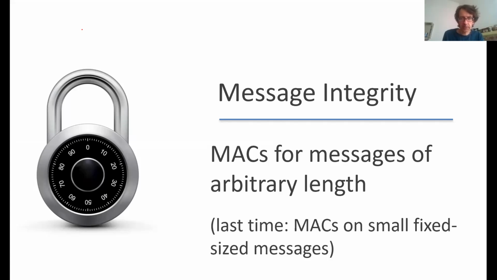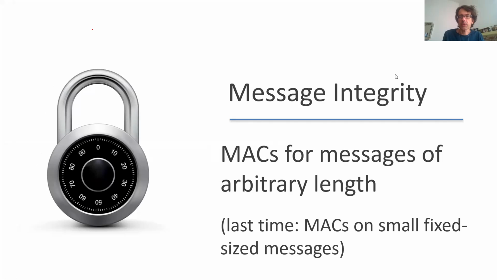Okay, so hope everyone's well. Today I will be talking about, last time we defined what message integrity is, MACs, and we showed that a PRF implies a MAC for a small message space, right?